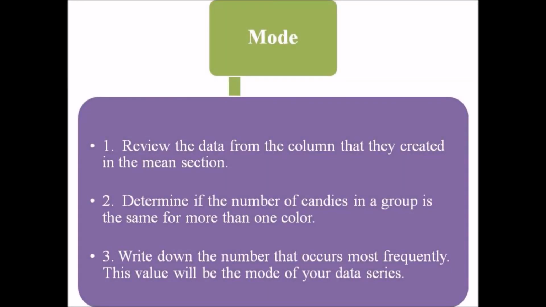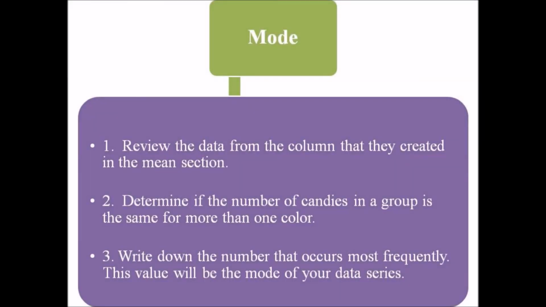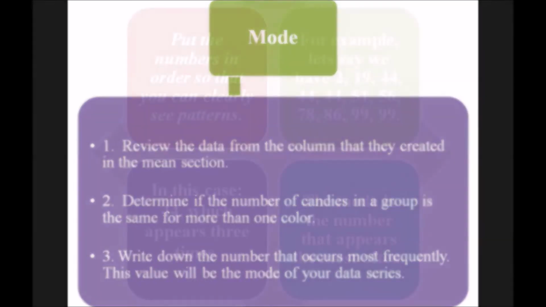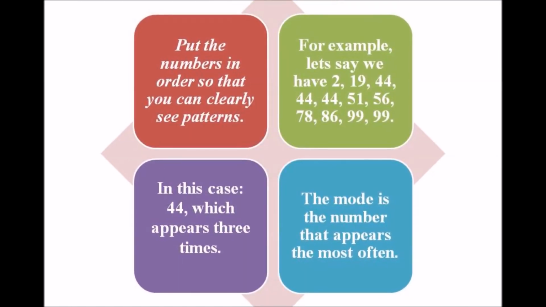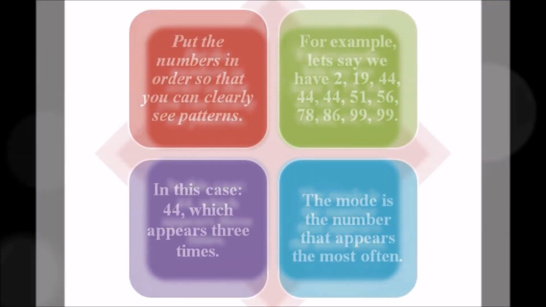So you can work out the mode. Review the data from the column that you have created in the mean session, and then determine if the number of candies in a group is the same for more than one color, and write down the number that occurs most frequently. This value will be the mode of your data series.